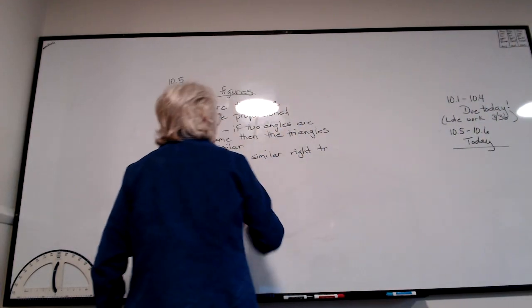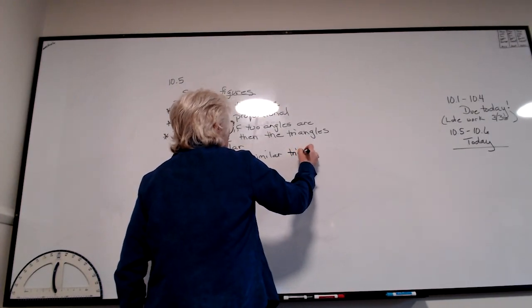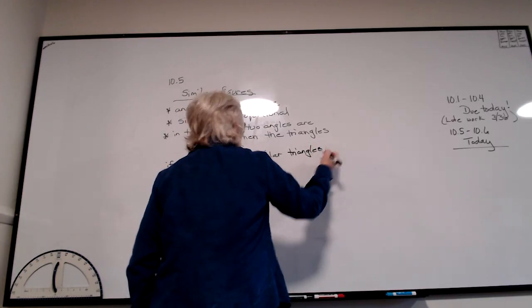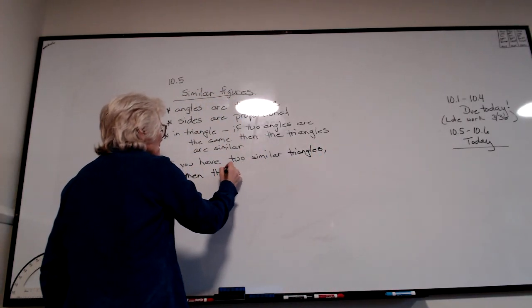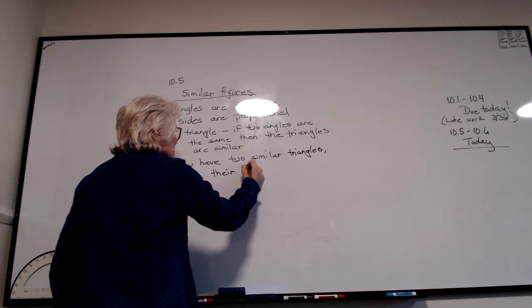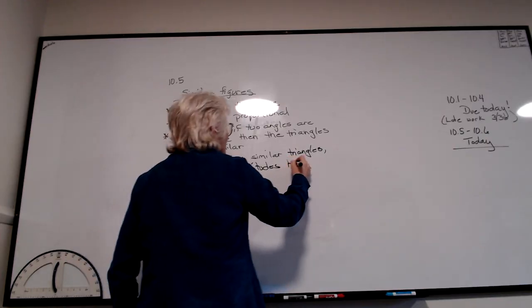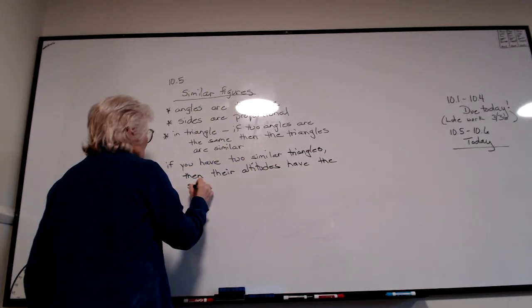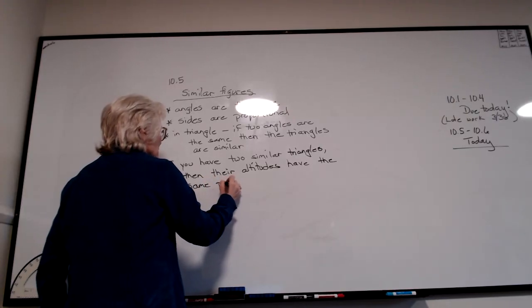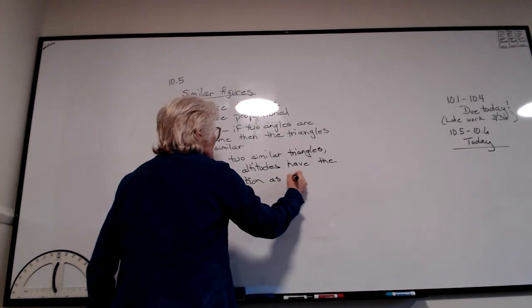If you have two similar triangles, then their altitudes have the same proportion as their sides.